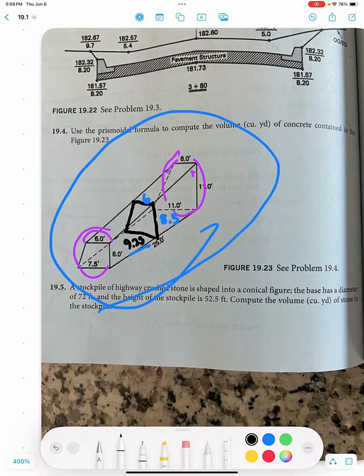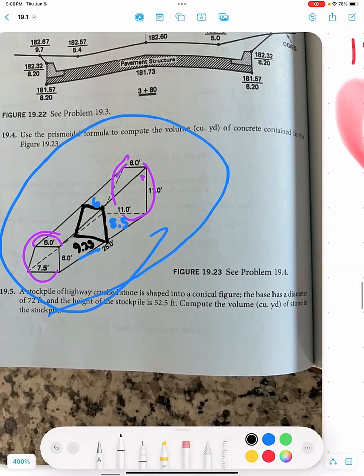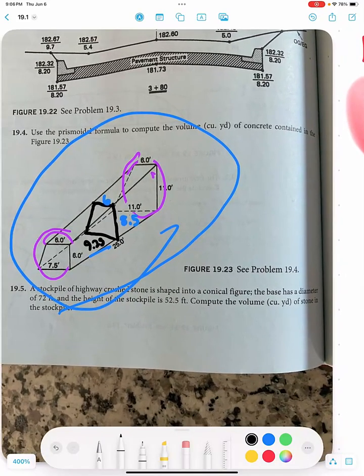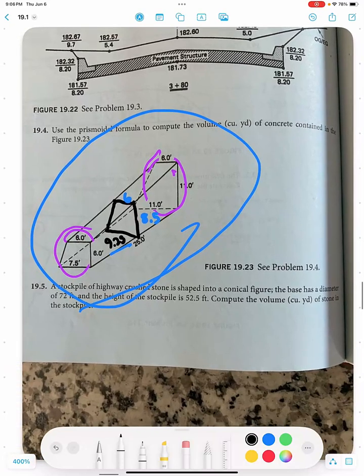All right, moving on to question number 4, 19.4. Using the prismoidal formula, compute the volume in cubic yards of concrete contained in the figure. They give us the base and the end, so we're going to interpolate the middle. How we do that is fairly simple. That piece and that piece and that piece are all 6, so interpolating the midpoint is still going to be 6.